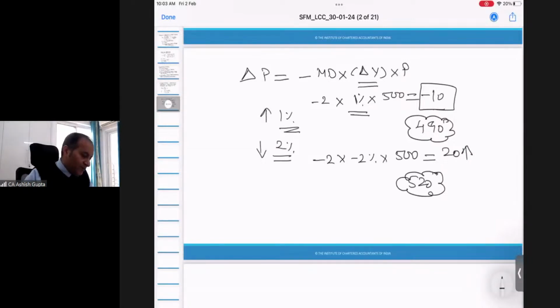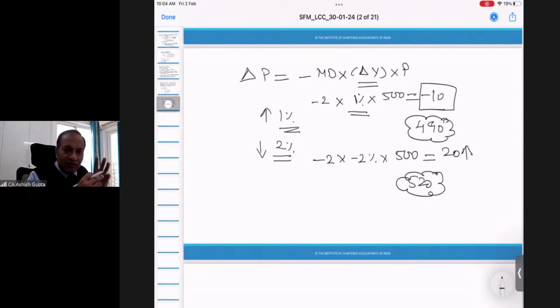So students, with this I am coming to the end of today's lecture. In the next class, we shall solve the questions on the duration of the bond, and if time permits, I will also solve questions on money market instruments, which is a topic we have left. If time is not sufficient, I will take one extra class for money market instruments and the remaining topics of bond valuation.